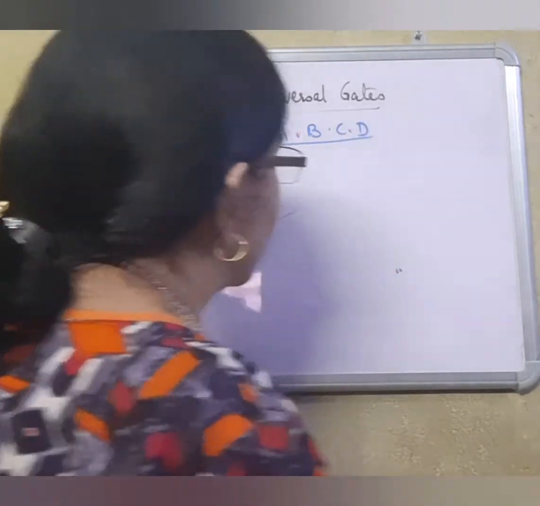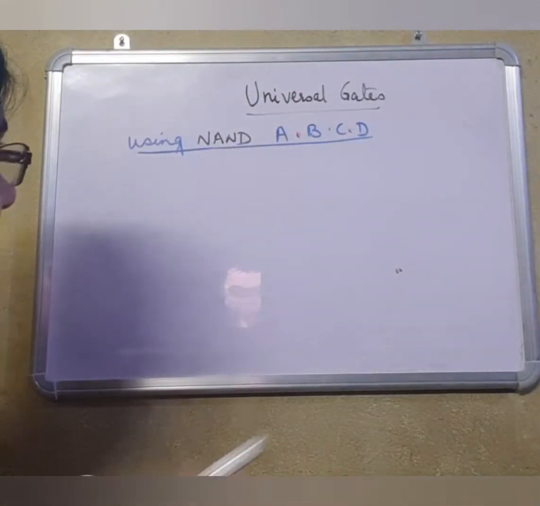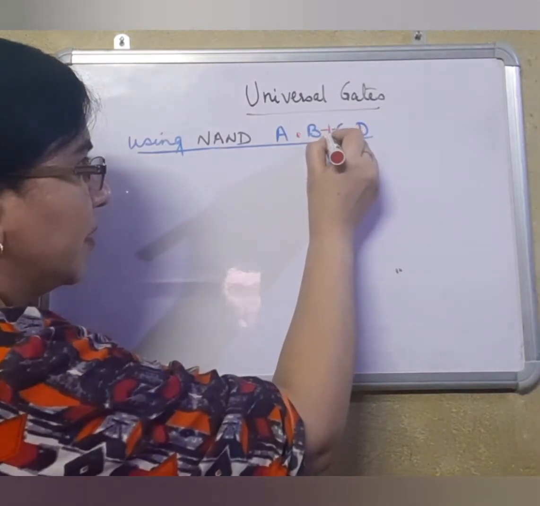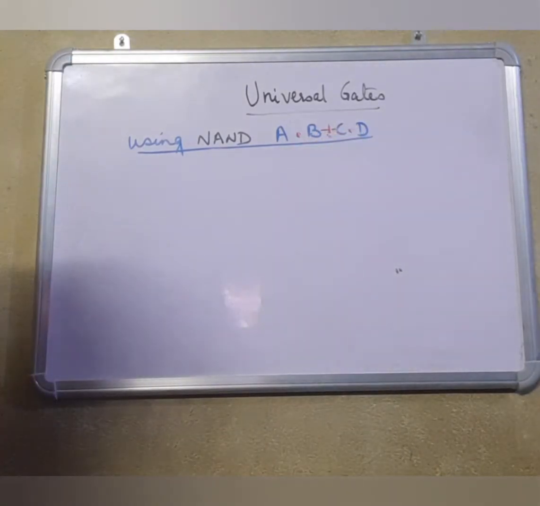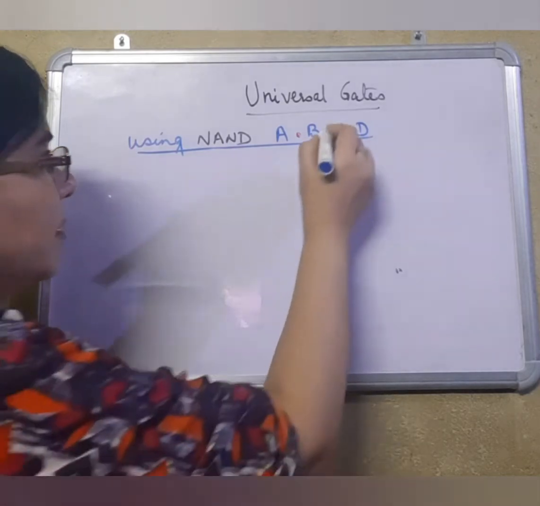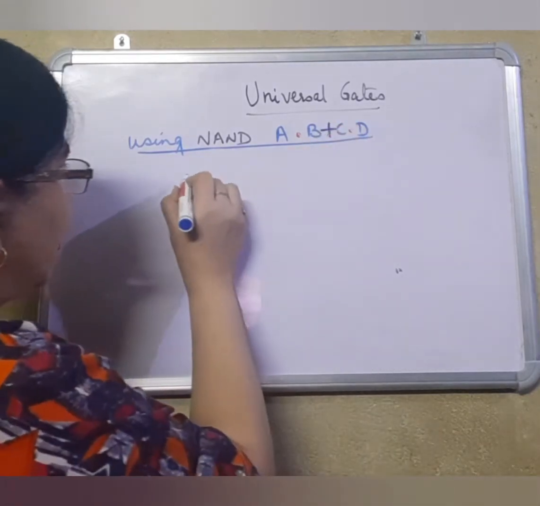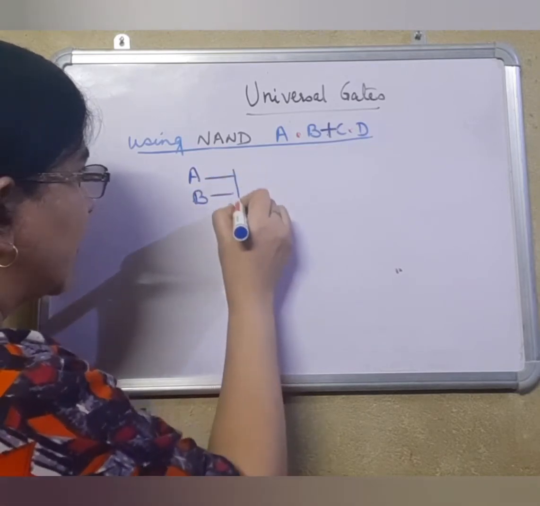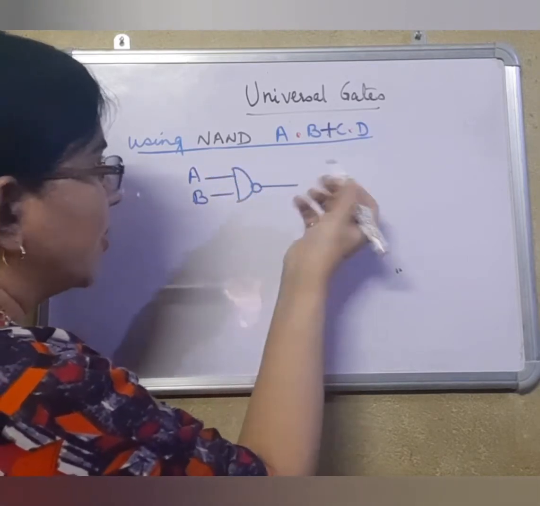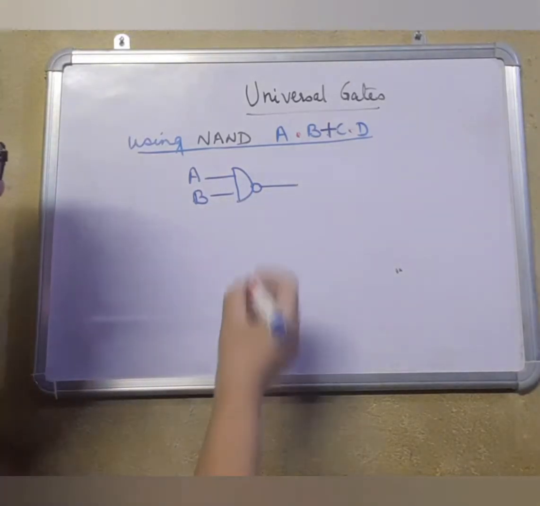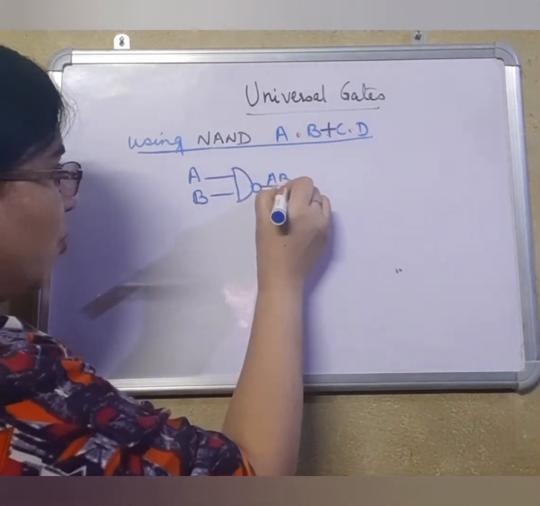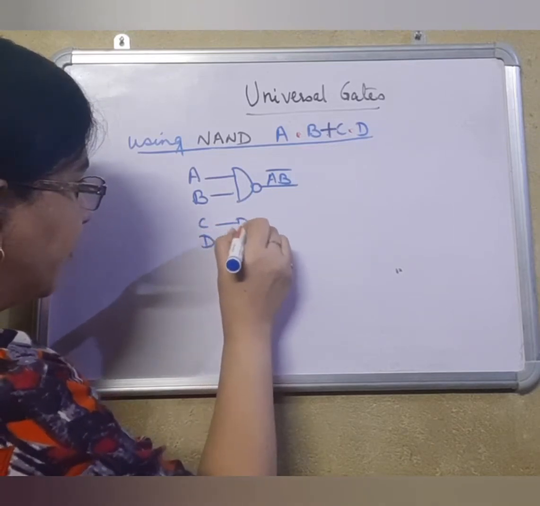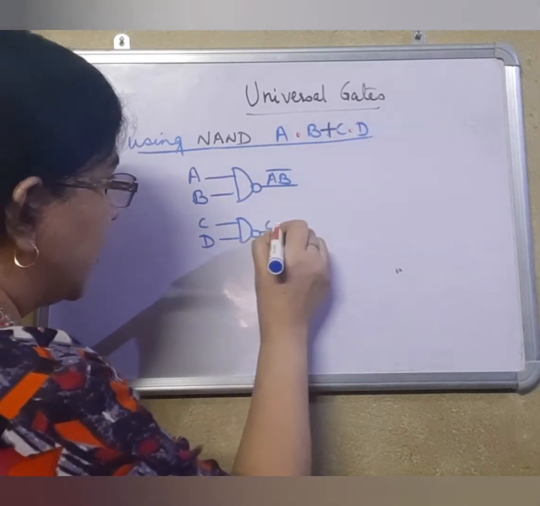So this is given to us A dot B plus C dot D. So in this case, we do not require any extra gates. We'll be passing them directly because dot is a symbol of AND gate itself. We'll get here A, B whole bar, C and D, D whole bar.